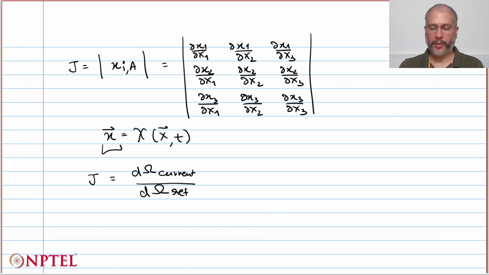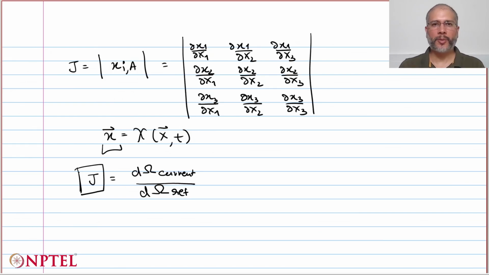So from the physical argument, we can see that this quantity J, for any given transformation chi, cannot be negative because that would mean that the volume becomes negative, which is physically impossible. And this being 0 means that the volume has collapsed to a point, which again physically is impossible. So Jacobian physically will always be a positive quantity. But this is something we will derive later in the next week.